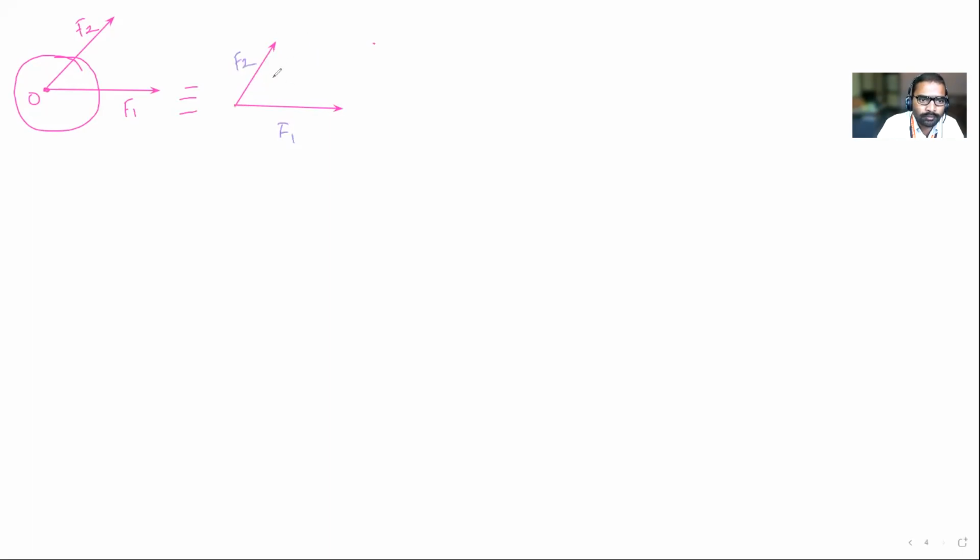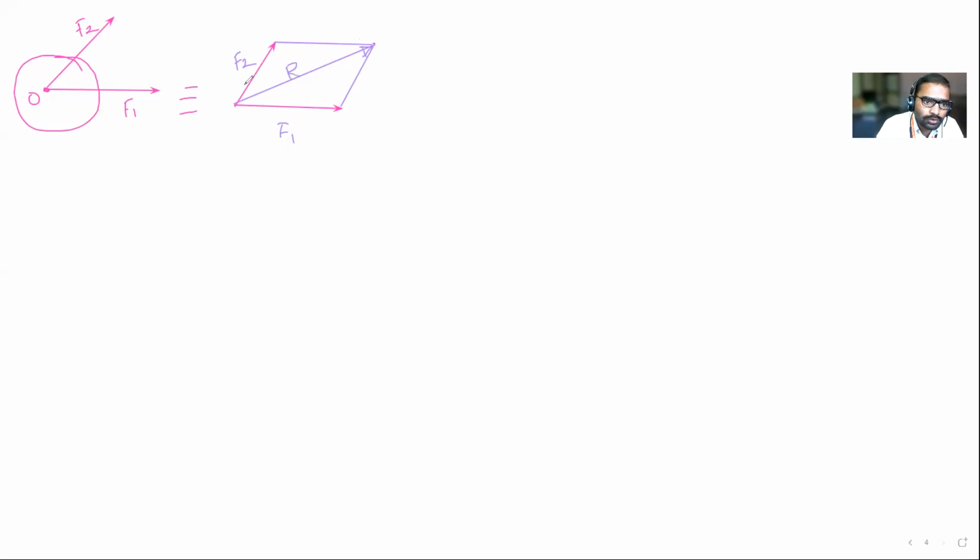We will complete the parallelogram by drawing like this. As per the parallelogram of forces, what is the resultant? This diagonal is the resultant of the forces. I will write it as R.